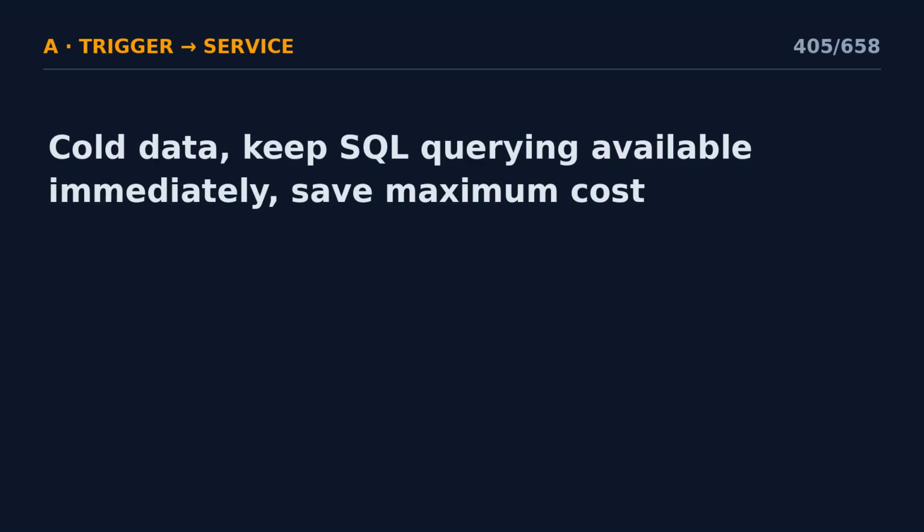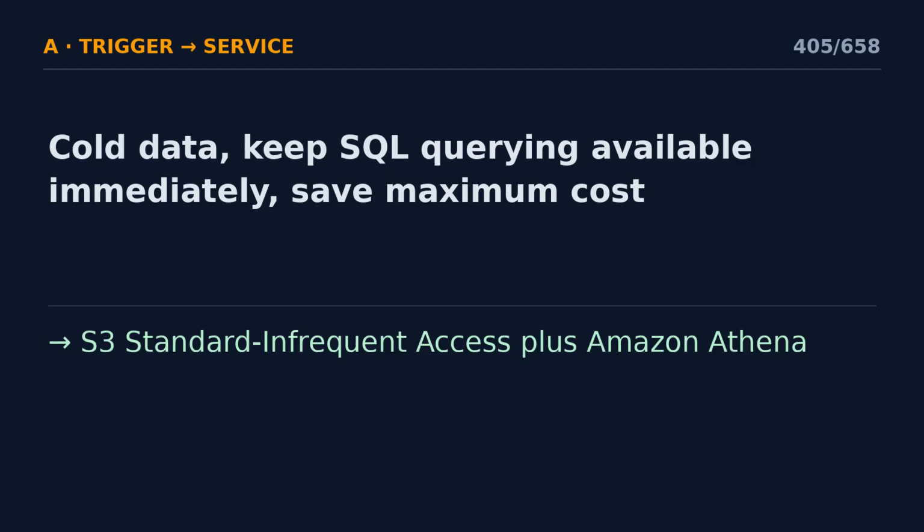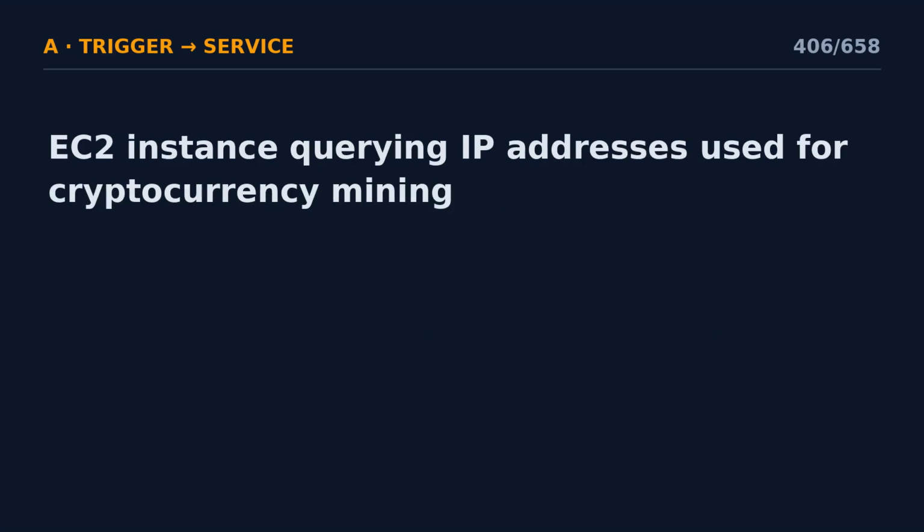Cold data. Keep SQL querying available immediately. Save maximum cost. Answer: S3 Standard-Infrequent Access plus Amazon Athena. EC2 instance querying IP addresses used for cryptocurrency mining.